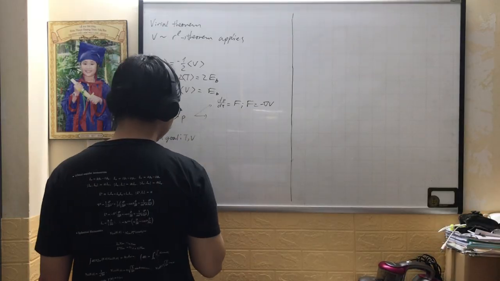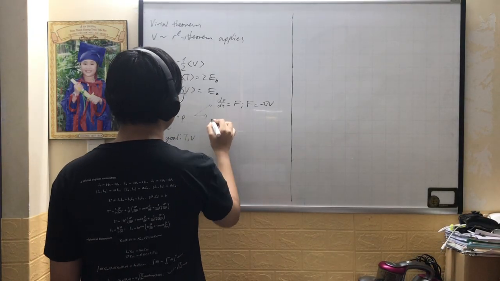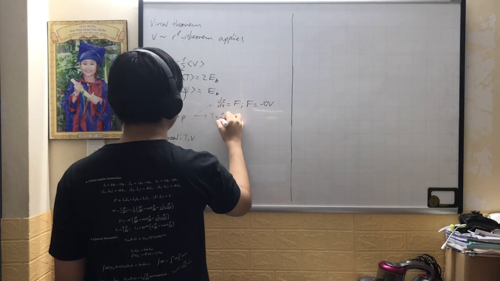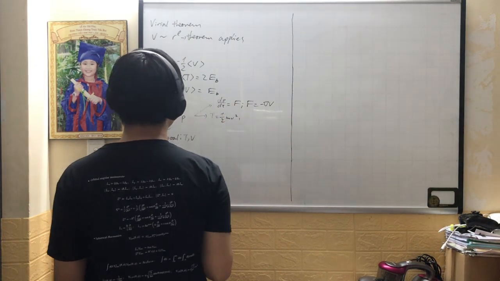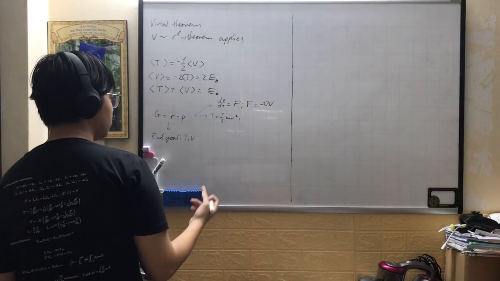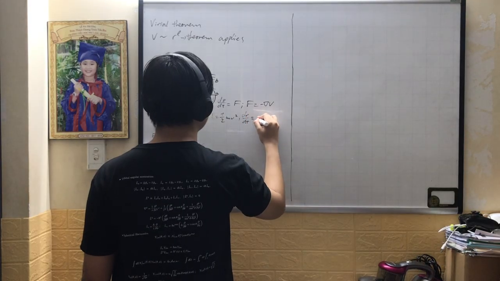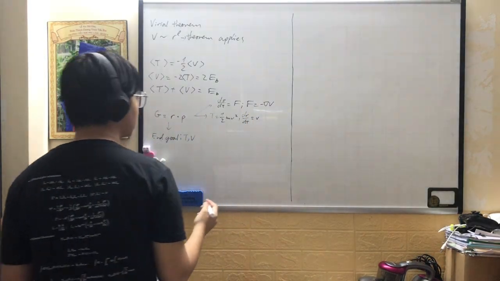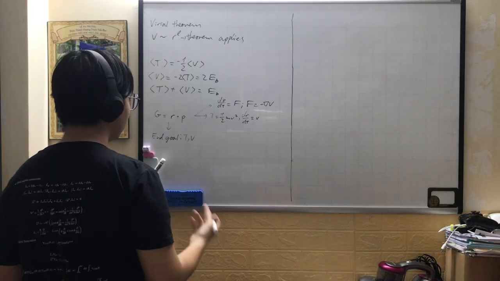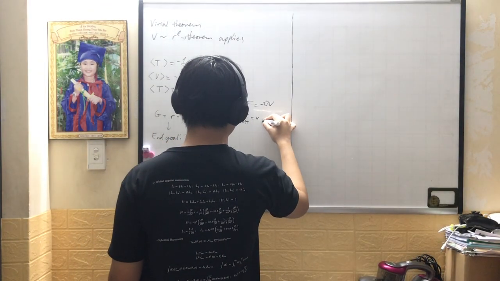Next is our T. The T is 1/2 mv squared, right? And you can see the derivative of R over time, dr/dt, is going to equal V. So we already got that, and P is of course mv, so we already got what we need.